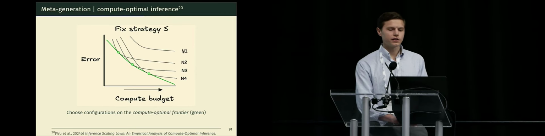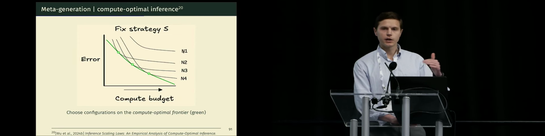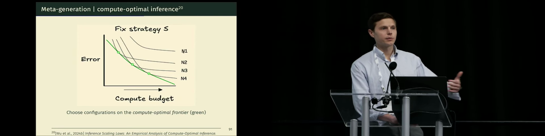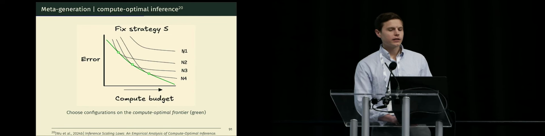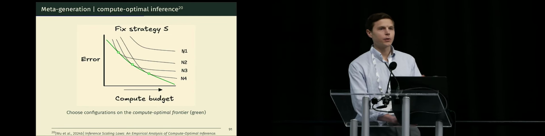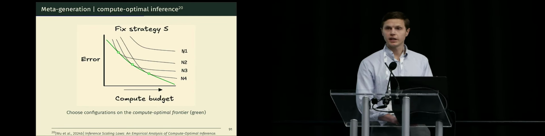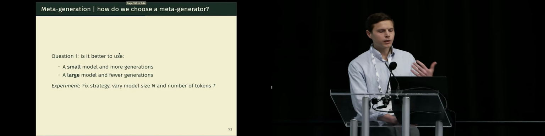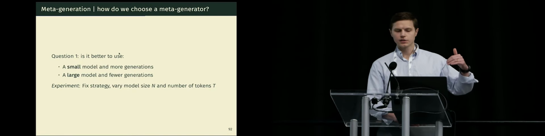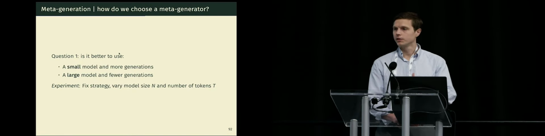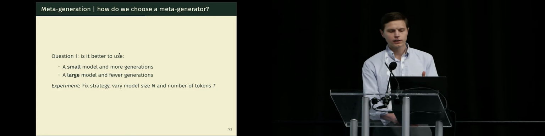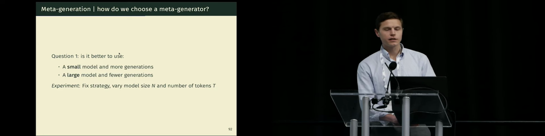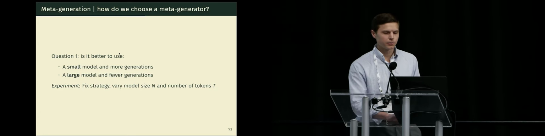For instance, you can take different model sizes and then scale up their inference budget, and at each point evaluate how well they're doing on some task. Your goal is to get something which is on this compute optimal frontier. So for a given budget, you want to select the configuration that has the lowest error or best performance.